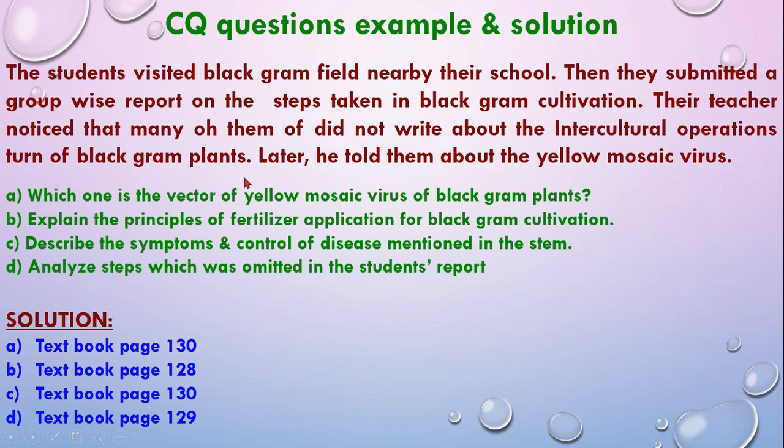So the omitted portion is intercultural operation. You have to write down the intercultural operation steps, which you can get on page number 129. Here are 5 steps mentioned for the intercultural operation. So this is the question and answer, which I already explained to you.